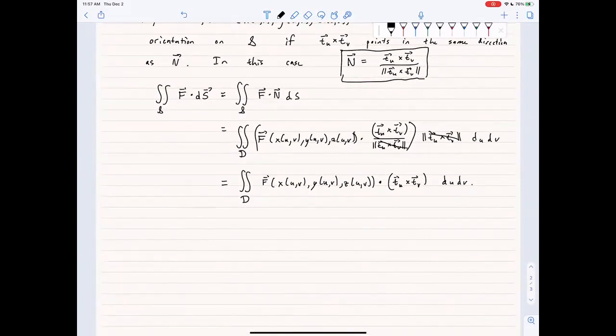And as in the case of vector line integrals, a vector surface integral is generally much easier to compute, or at least you have more hope computing it than you would a scalar line integral, because you're missing this square root. All right, so this is the practical computational formula that you can use if you're computing a vector surface integral.